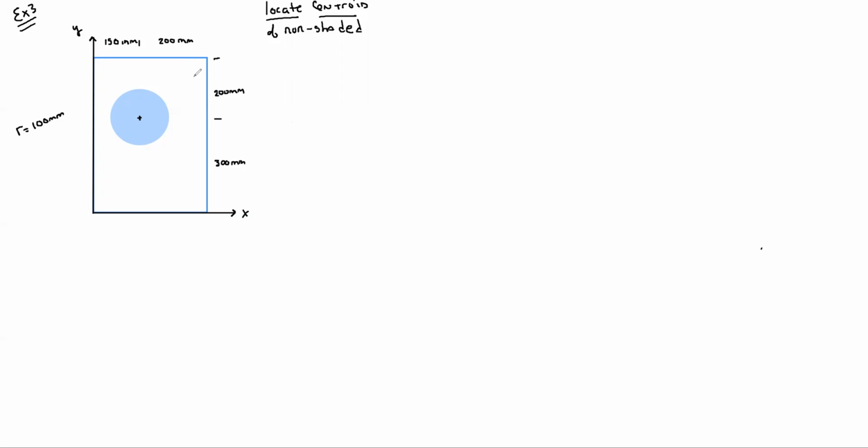So this is going to be a subtraction problem. We'll take the area of the rectangle and subtract the area of the circle, because we're not interested in the circle. It's kind of like the deck problem I talked about in the first video. First step, identify the X and Y axis, because our measurements are in reference to the origin.